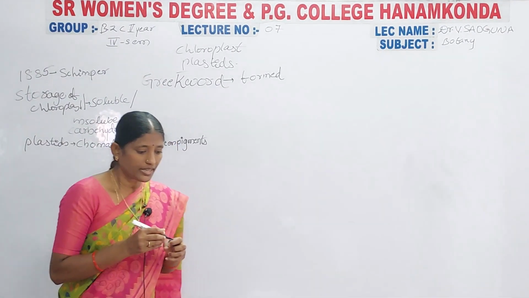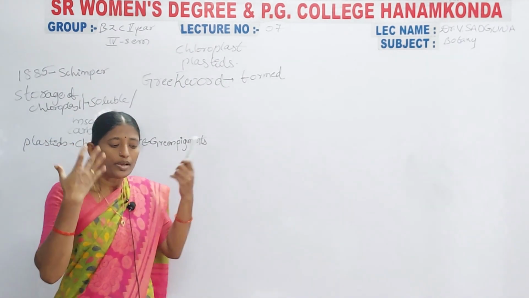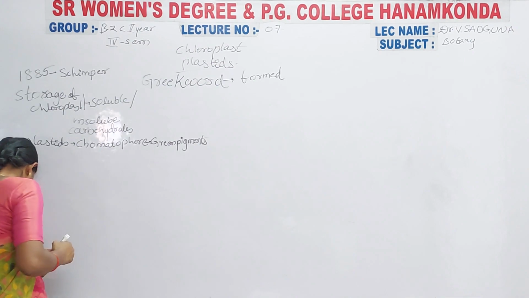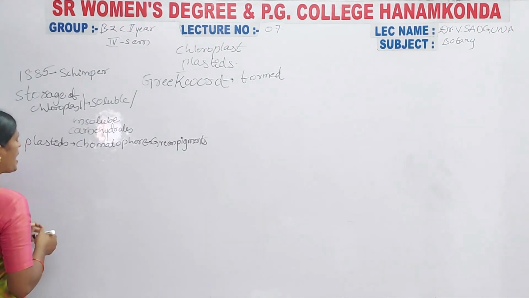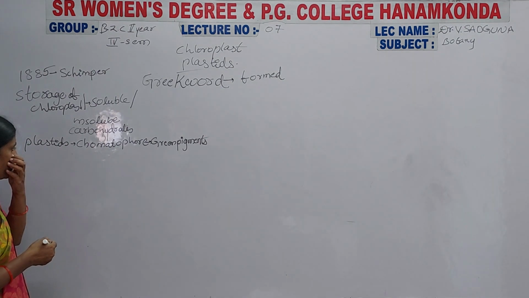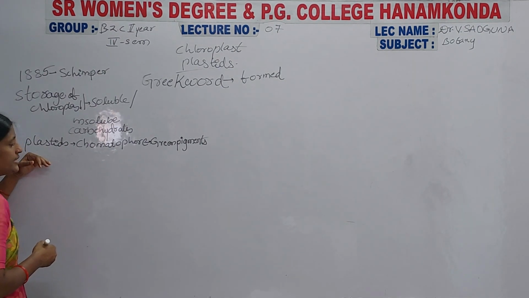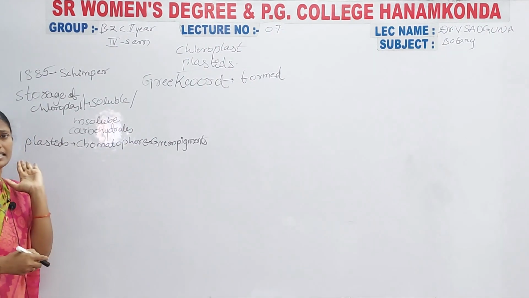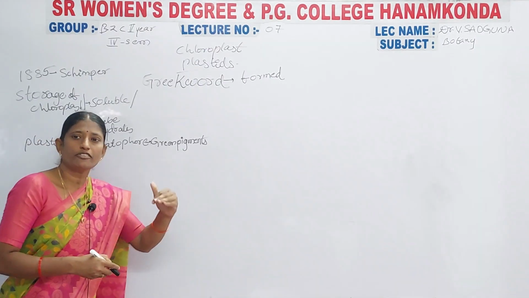So there is presence or absence of different types of pigments. Sometimes the pigments are present, sometimes the pigments are absent, but anyhow the name is plastids. Almost all pigments are not absent, because chromo means some kind of variation.